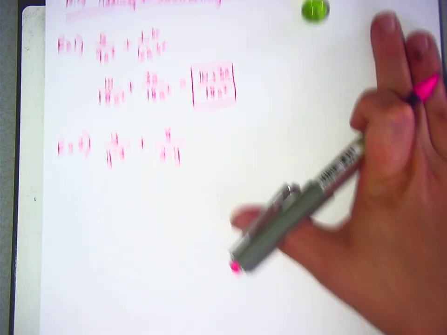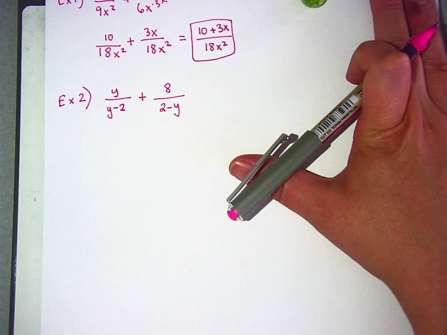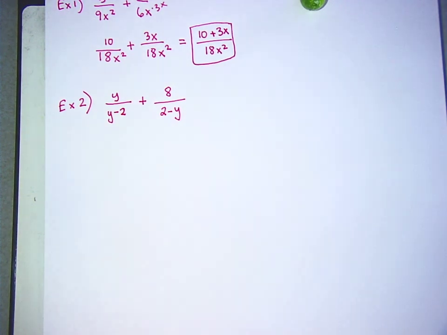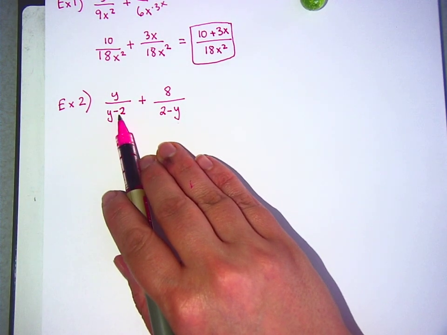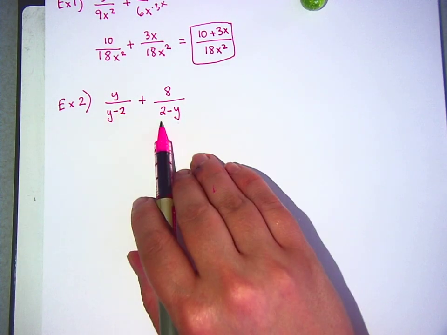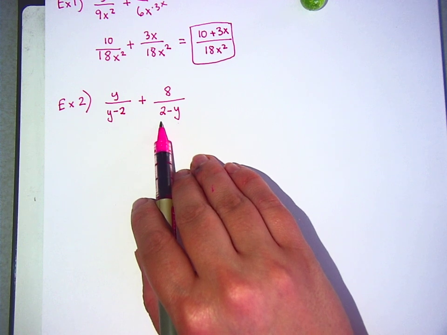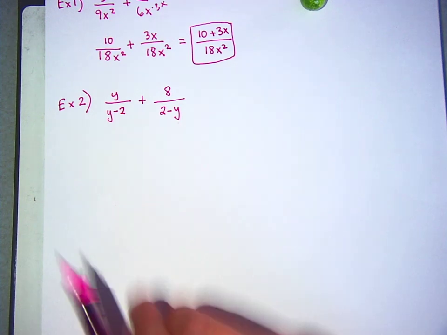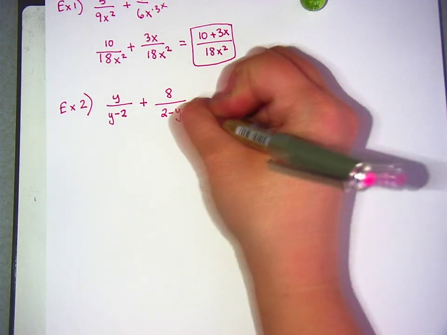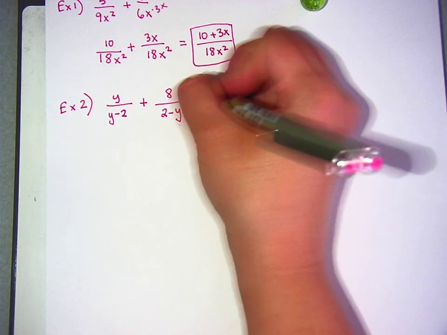So somebody tell me, why don't they have the same denominator already? Right, this one y is negative, this one's y positive, this one 2 is negative, and this one's 2 is positive. Does everybody understand that? So what do I have to multiply one of them by to get to the other one? A -1, but if I do it to the bottom, I have to do it to the top.